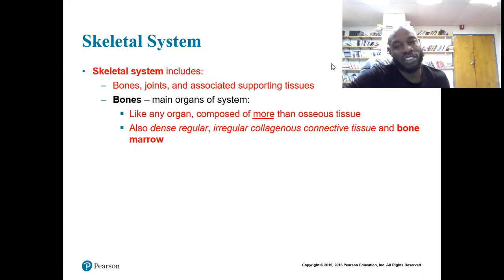When we see osseous or osteo, we're related to bone. And bone, if you remember from our tissue chapter, chapter 4, is dense regular and irregular collagenous connective tissue. We also have bone marrow that we're going to discuss.